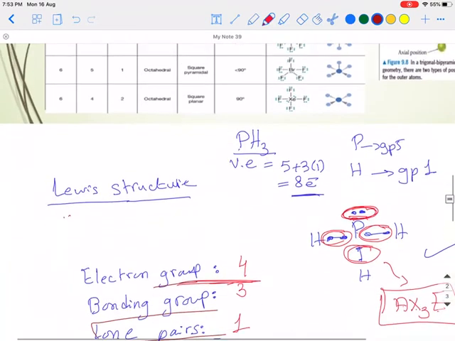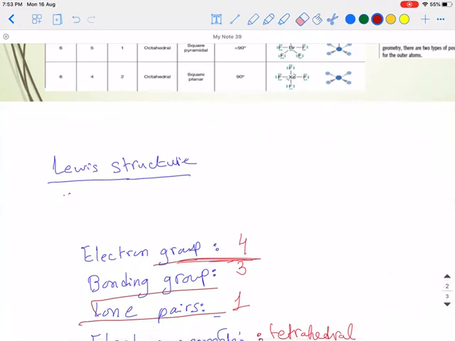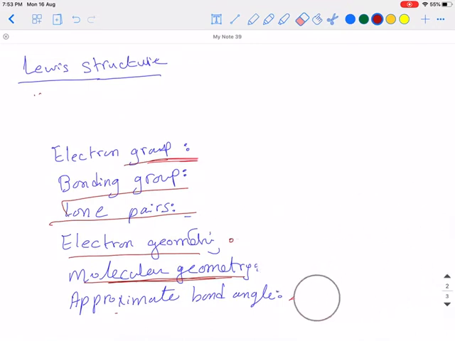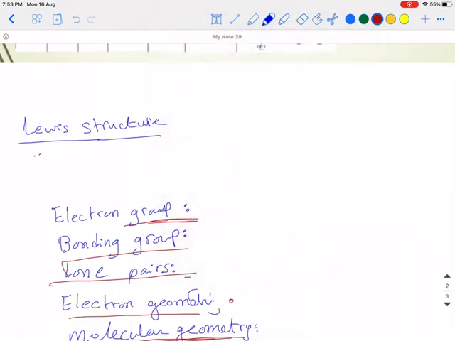Let us see H2S. Again, we will answer all the questions related to this molecule. Okay, now we have the H2S molecule. Let us see how we will draw it. First step, according to Lewis, sulfur belongs to group 6 and hydrogen belongs to group 1.